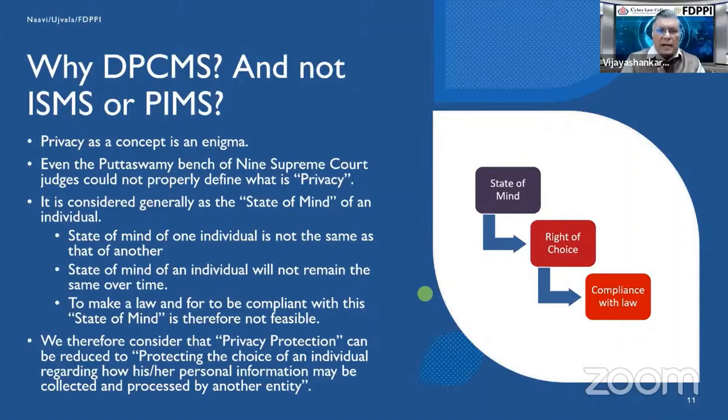So the state of mind is something which is dynamic, impossible for an outsider like a data fiduciary to really understand and protect. That is why privacy protection has been reduced to the concept of protecting the choice of an individual regarding how his or her personal information may be collected and processed by an organization.